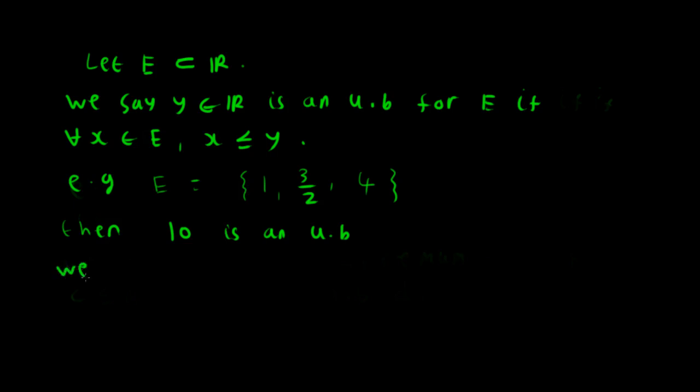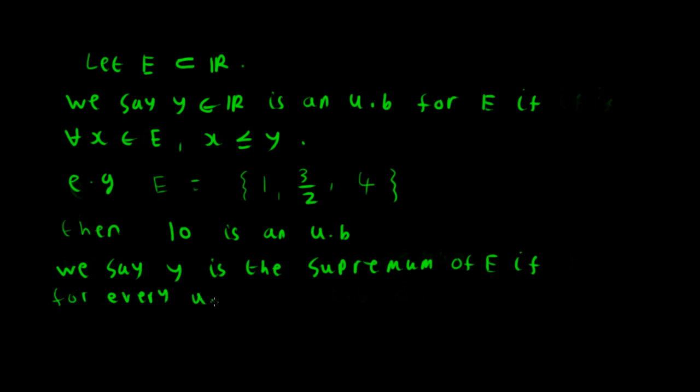So, we say y is the supremum of E if for every upper bound of E, let's call them D, we have y is less than or equal to D. So, in a sense, y is the smallest upper bound.